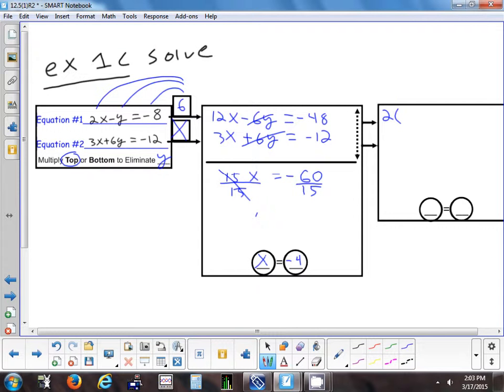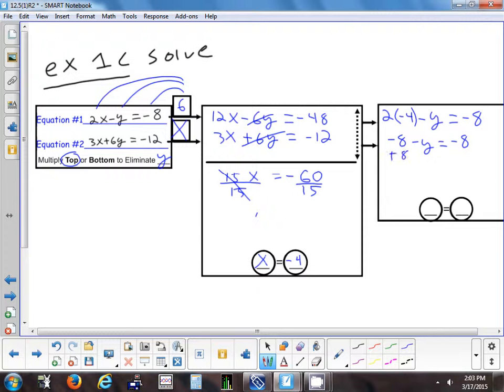So Wyatt, what's it going to be? 2 times negative 4 minus y equals negative 8. Okay. William, what's 2 times negative 4? Negative 8. Okay. 2 steps left. Joe, what's my next step?